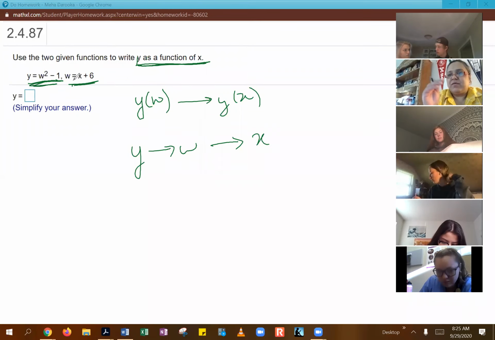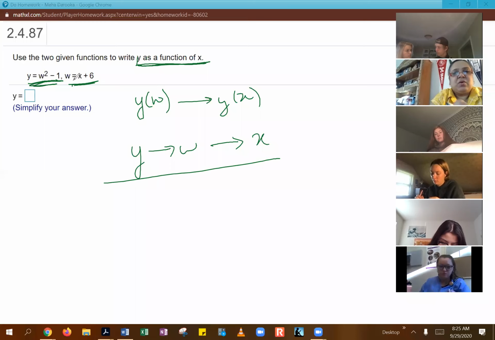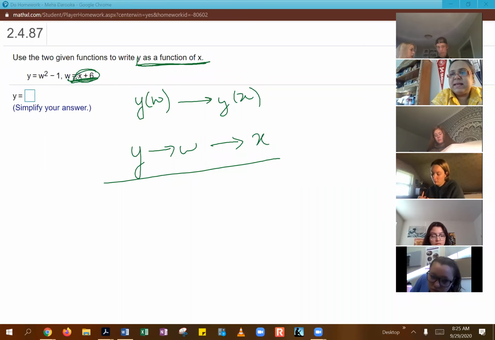So you would have to go from y to w to x to come up with that. So what this will involve is we are going to take this definition for w, which is x plus 6, and substitute that inside the w in the y function. So you're going to have to make that substitution over here.